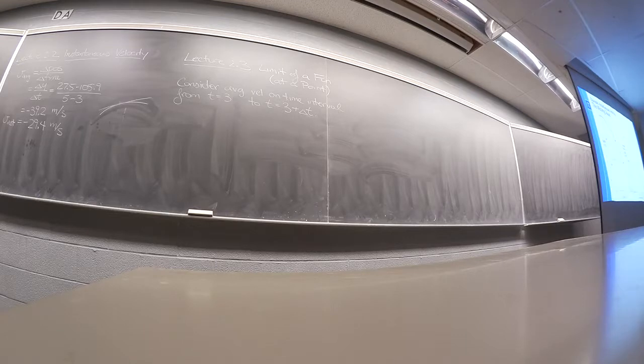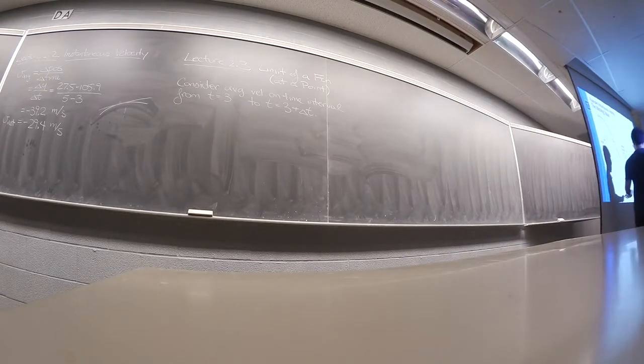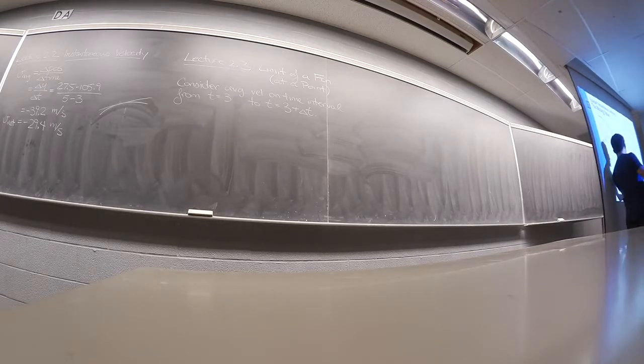Again, the average velocity on the time interval from t equals 3 to t equals 3 plus delta t, and we got the slope of this secant.